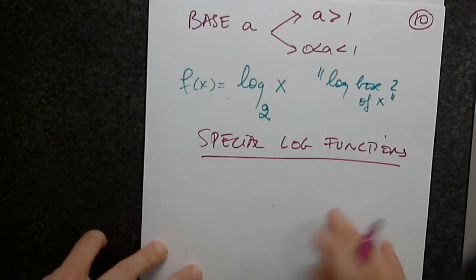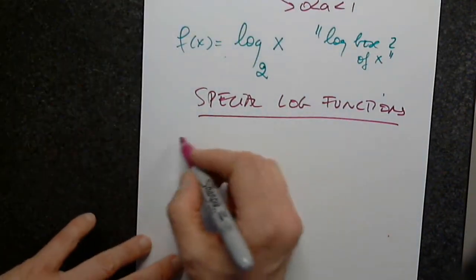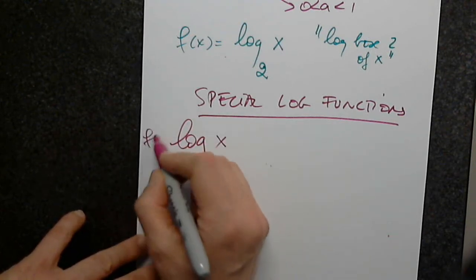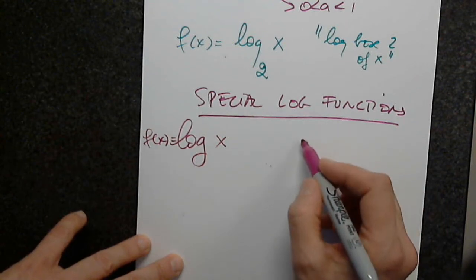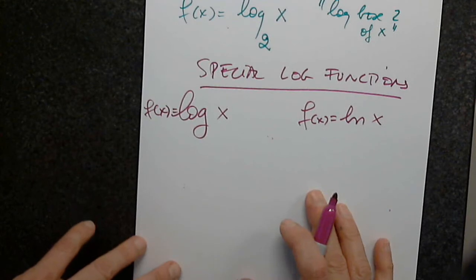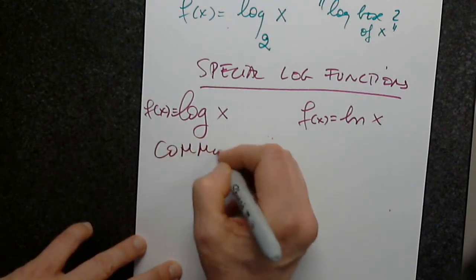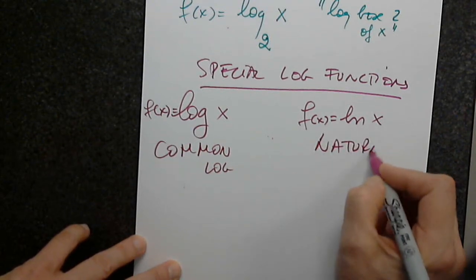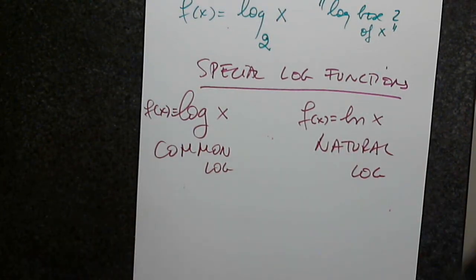We just looked at those two keys in the graphing calculator. One of them is log, so log x. And the other one is ln x. Of course, this one is the common, and this is the natural. So if you see log with no base, what will you immediately assume? That the base is?